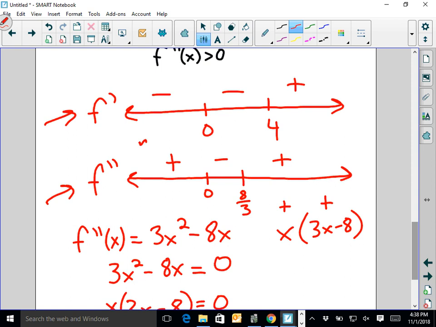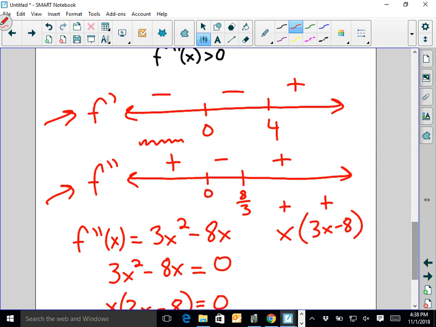I have a decreasing function that's concave up, because I know f prime is negative and f double prime is positive. That stays true all the way until 0. My function is still decreasing at 0, but at 0, the concavity flips to concave down.